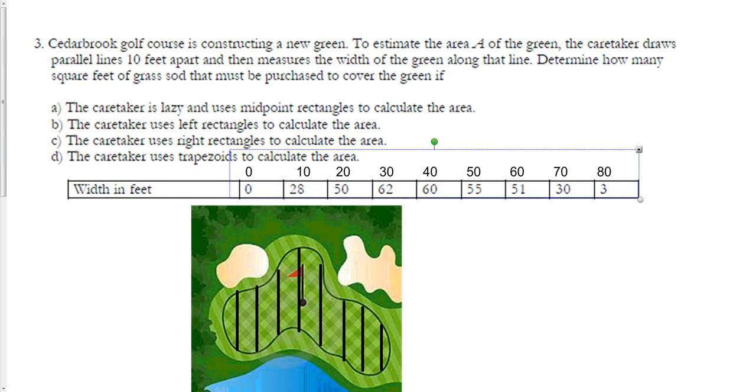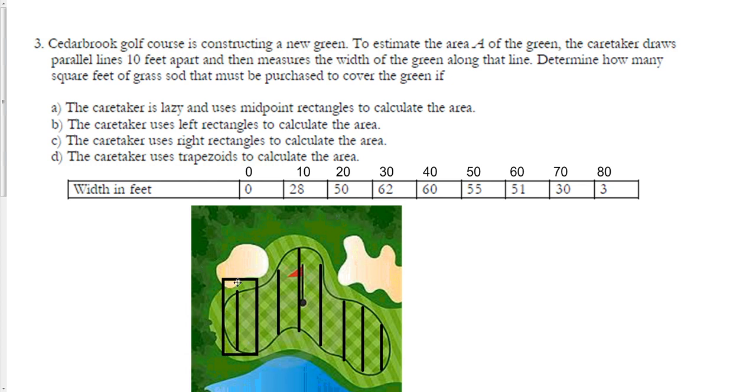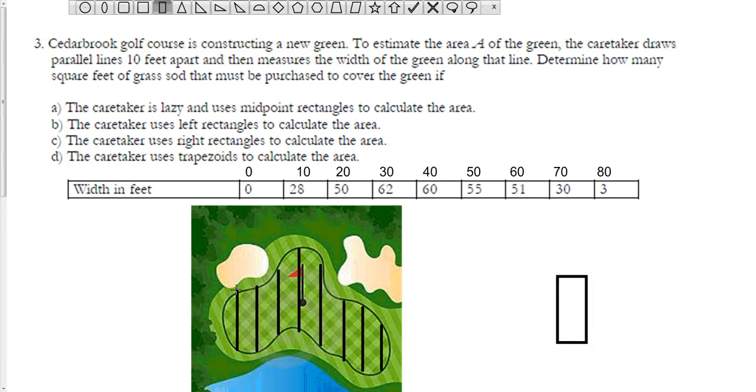So my first rectangle is going to be between 0 and 20 feet. And I'm going to use the height of the midpoint rectangle, which I overdrew here. I'm going to use the value of the function at the midpoint to draw the rectangle. So the rectangle is going to be this high for that whole 20-foot span.